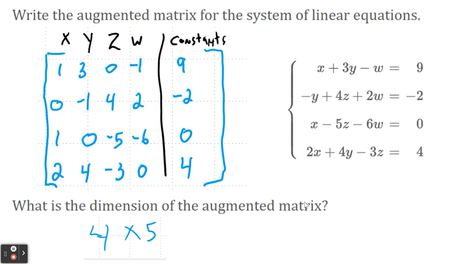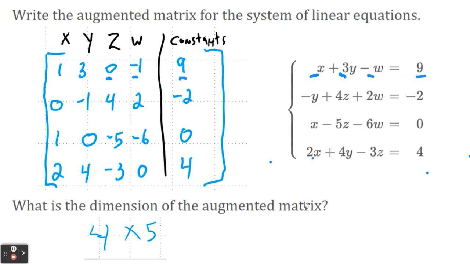For the first one, I'm going to look at the first row first. So we have a 1 for the x, we have a 3 for the y, and then there's no z, so that's why I'm going to put a 0 here. And then the w is -1, so here's my -1, and my constant is a 9.